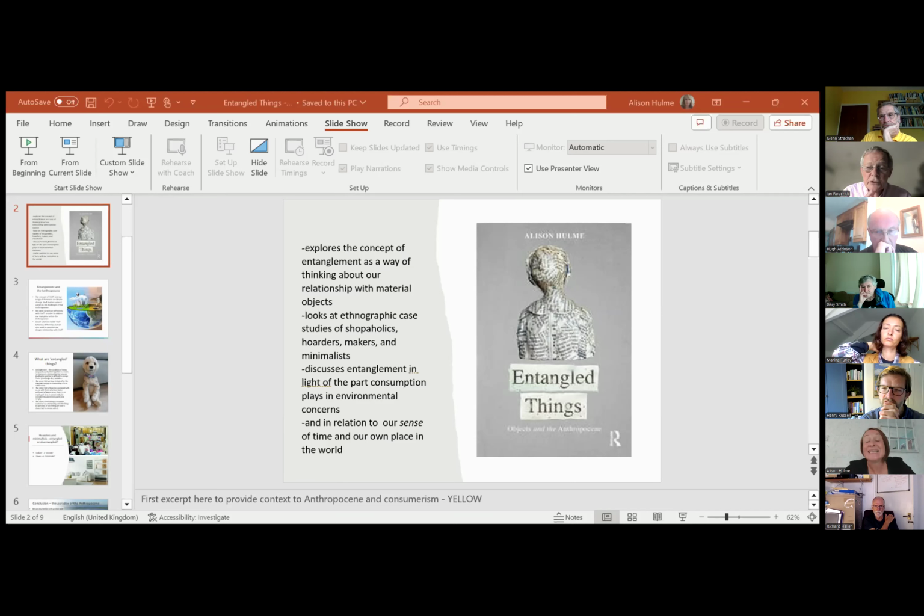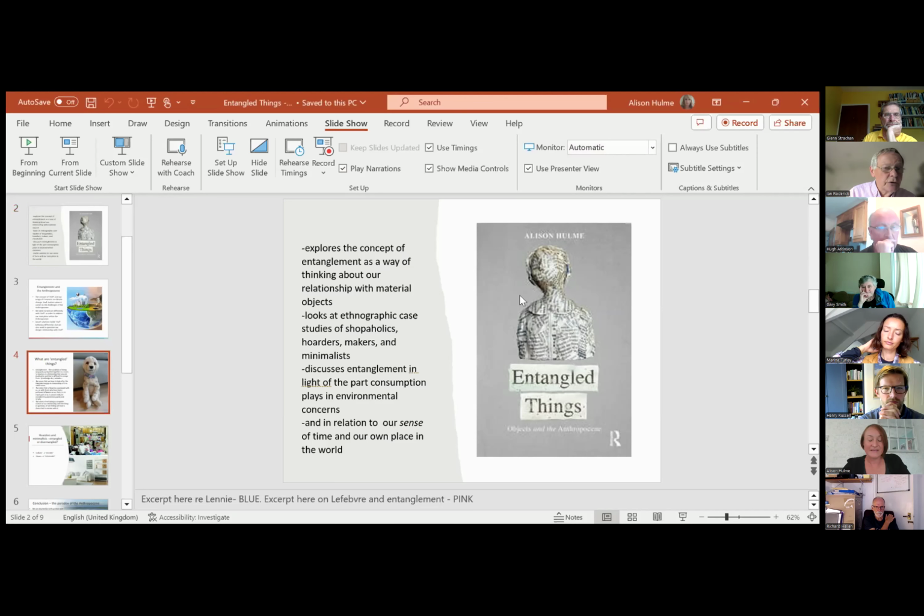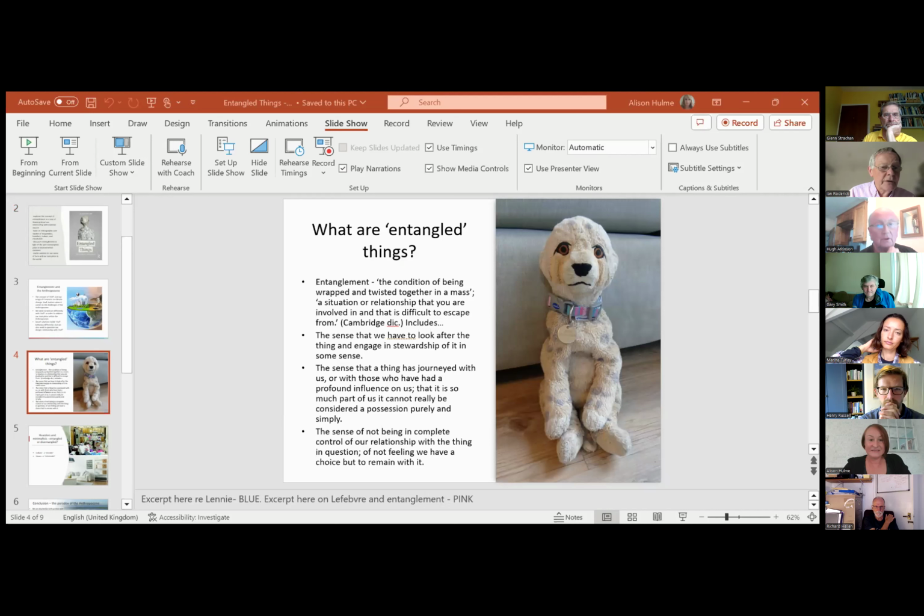A quick intro. Somebody's asking, should the slides have moved on at all? Yes, absolutely they should. I have been moving them on, but they haven't moved on. We're still on number 2. Well, hang on, we've jumped to 4 now. Yeah, which is correct. Maybe I should stay not on slideshow.